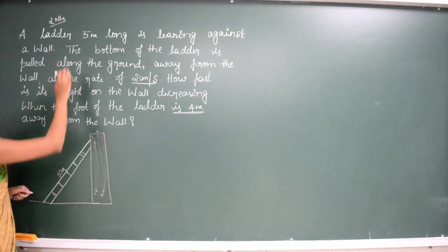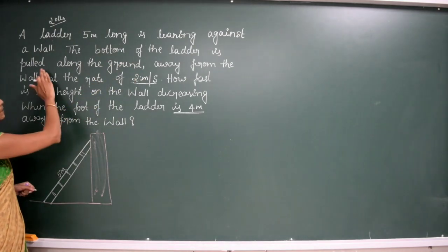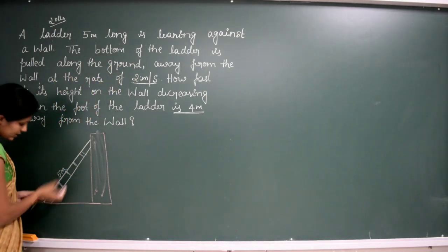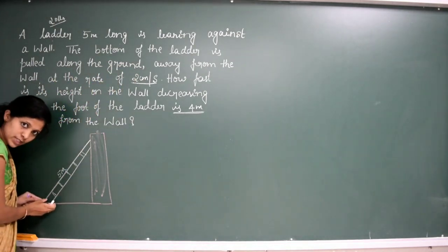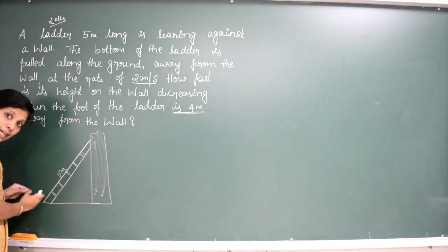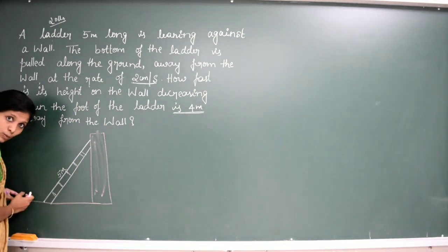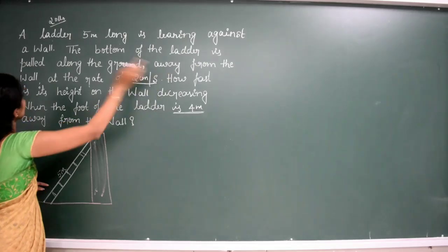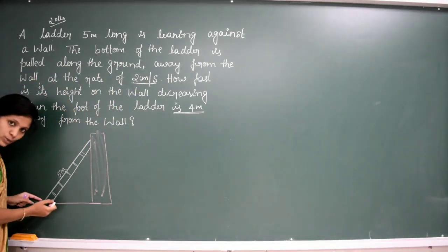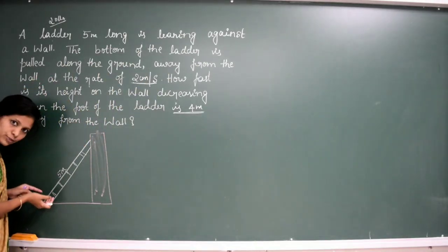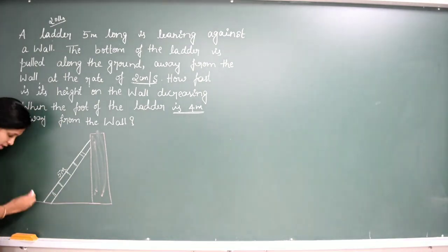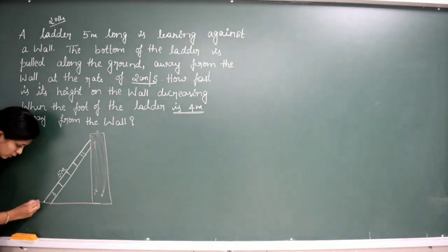Now what is given? The bottom of the ladder is pulled along the ground. This ladder is there, the bottom of this one is pulled along the ground away from the wall. You have to pull the bottom of the ladder towards us. So here somewhere the bottom of the ladder is there.